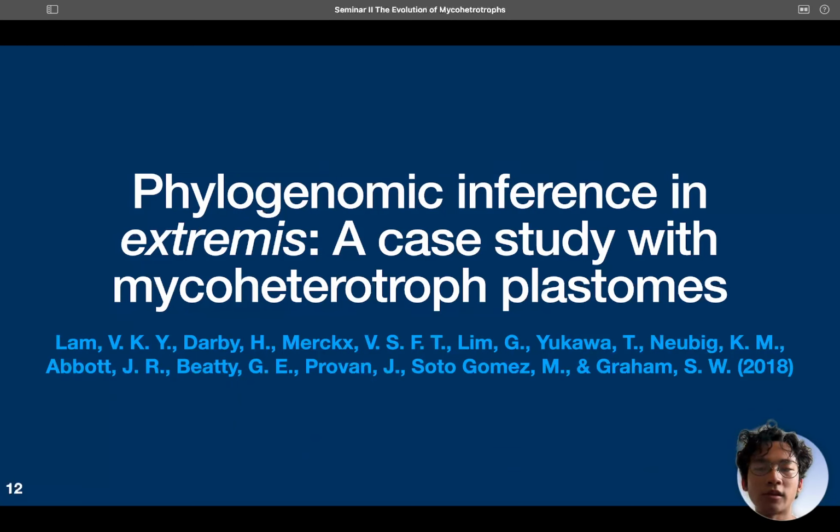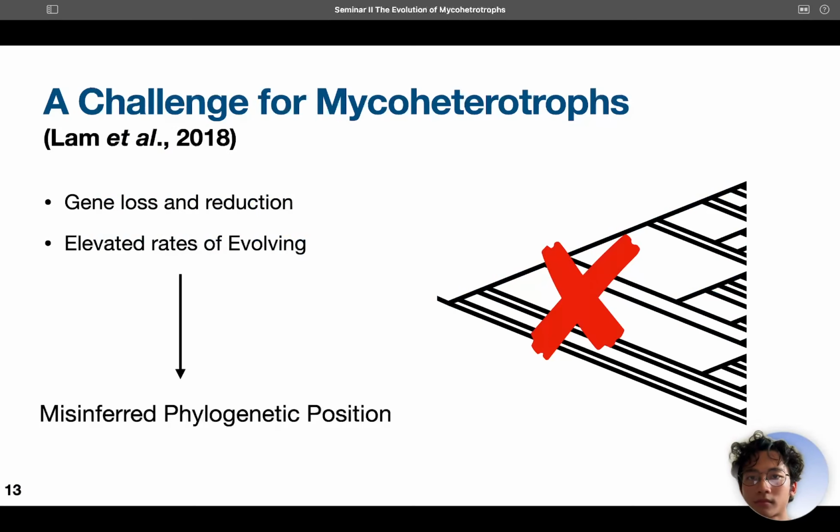So the last study I'm talking about will be the phylogenomic inference in the extremities, a case study with the mycoheterotrophic plastome by Lam and the team, 2018. What is the challenge posed for studying mycoheterotrophic plants using the plastid genome?